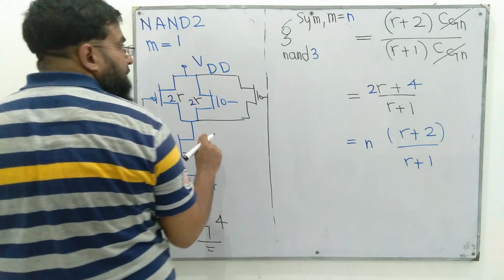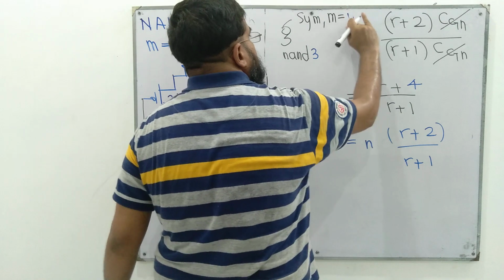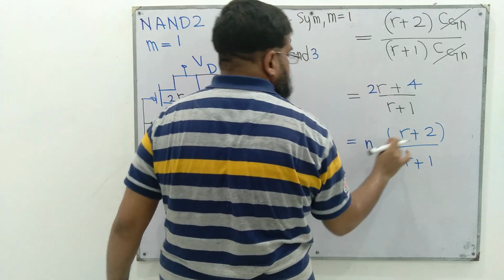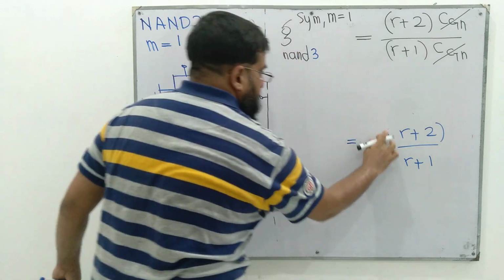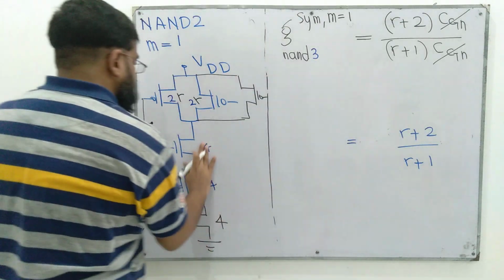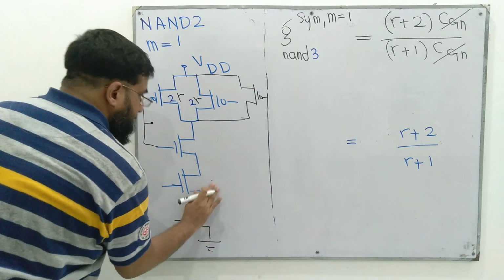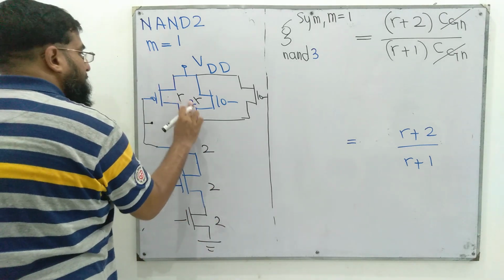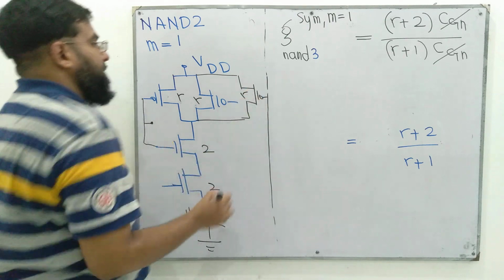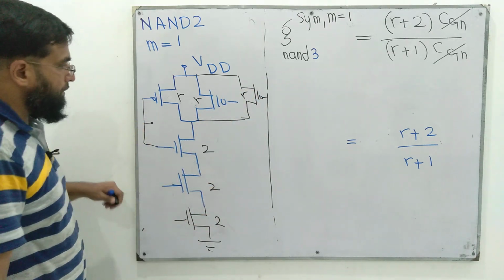Let's do it for M equal to 1, which is R plus 2 over R plus 1. This is 2, 2, 2, R, and R. Right.